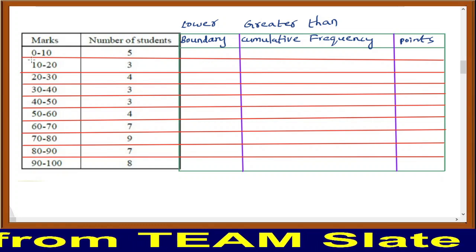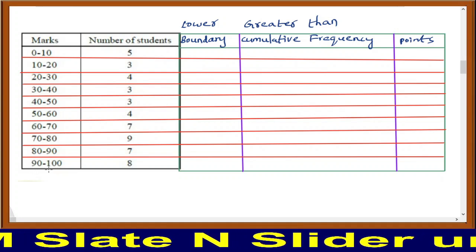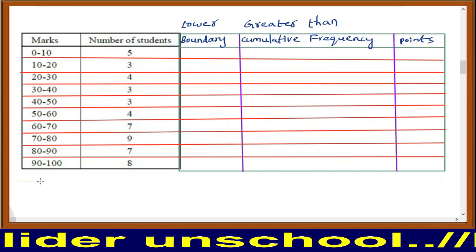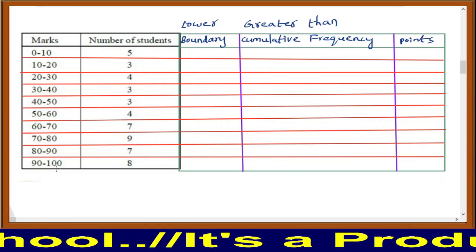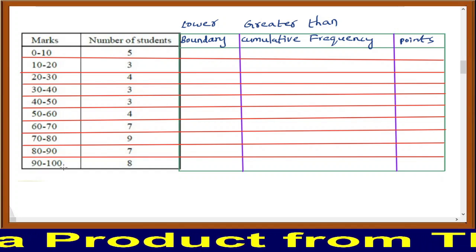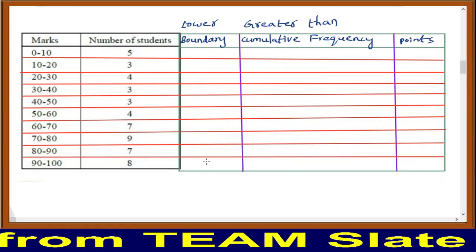So here just take the last class, 90 to 100. If we take 100, is it possible to find the number of students who are above 100? It is not possible. For 90 it is possible. So here we should choose 90.